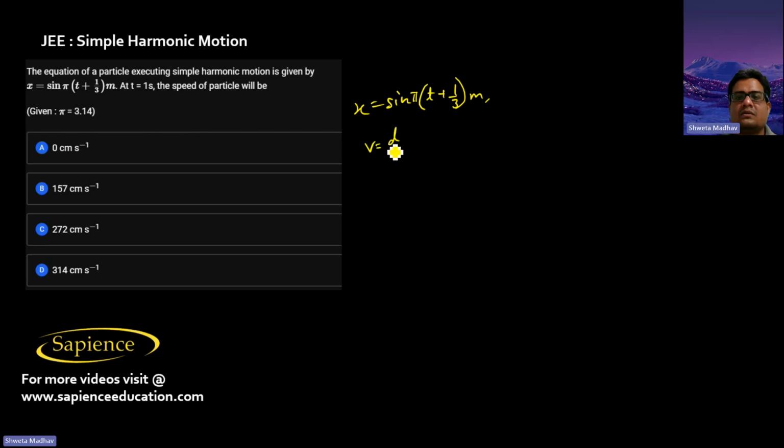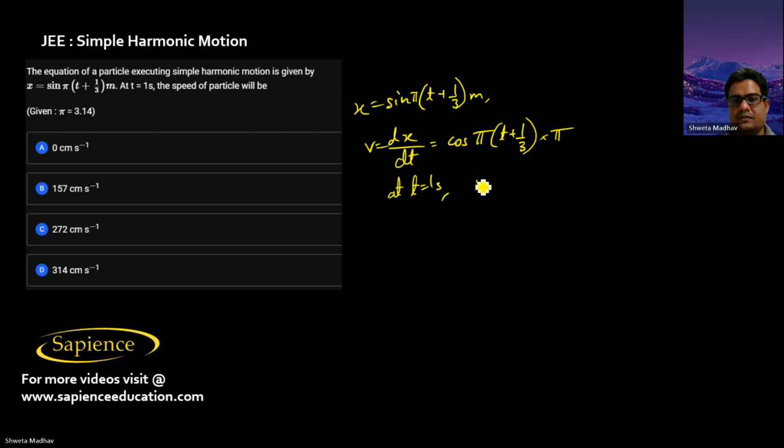So the speed v equal to dx by dt, it will be equal to pi cos(pi t plus 1 by 3). At t equal to 1 second, the speed v will be cos(pi into 1 plus 1 by 3).